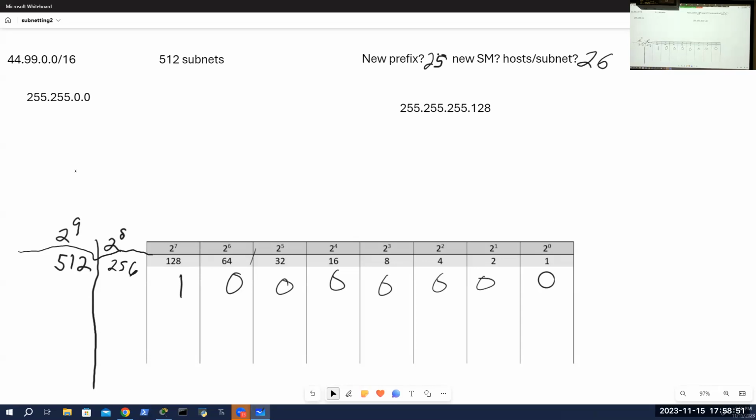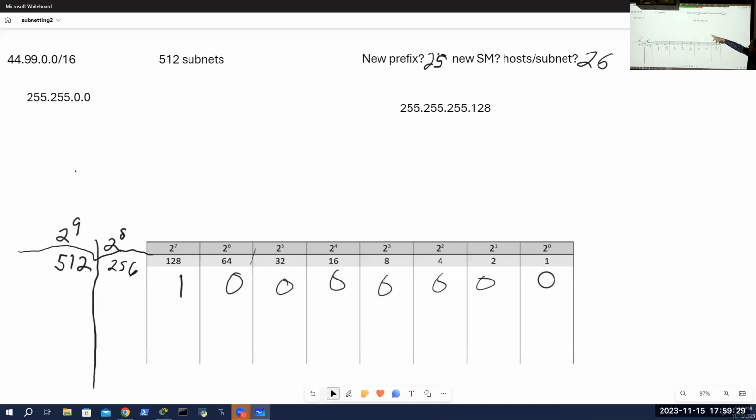Now if they give you a non-even number, like if I gave you 500, you just know that 2 to the 8th is 256, that's not enough. So you have to go to the next power of 2. So you find the value that represents the power of 2 that meets the requirement for the subnets. And whatever the superscript is, that's your number of bits that you need to reallocate from the host portion to the network portion.